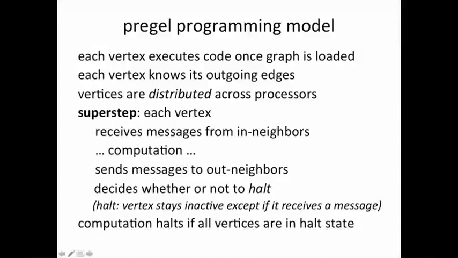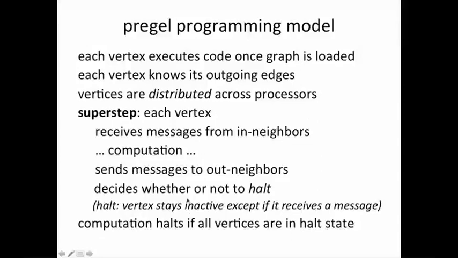So each vertex first receives messages from all its in-neighbors, that is, whoever is sending it messages on its incoming edges. It does some computation using these messages, and then decides to send some messages to its out-neighbors possibly. After that, it decides whether or not to halt. What a halt means is that a vertex stays inactive once it's halted unless it receives a message from some other vertex in the future.